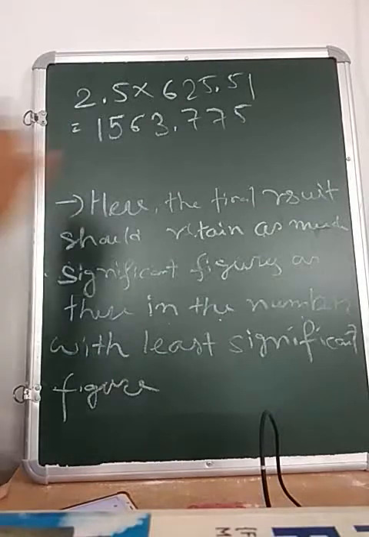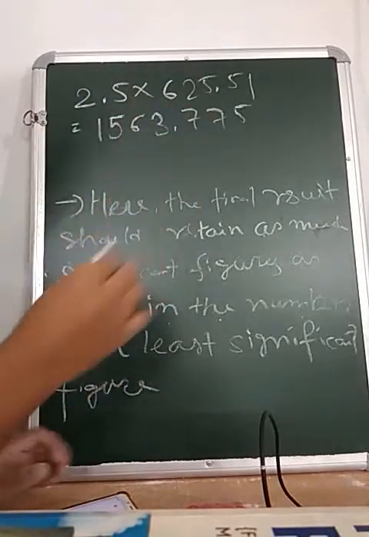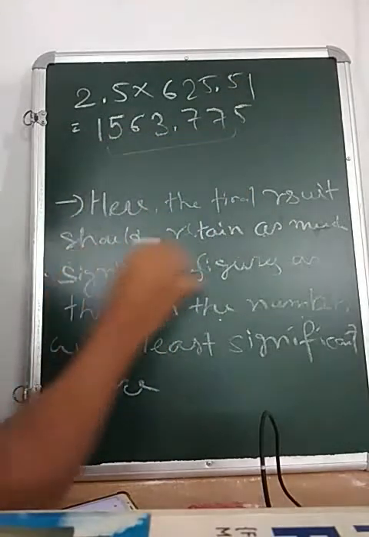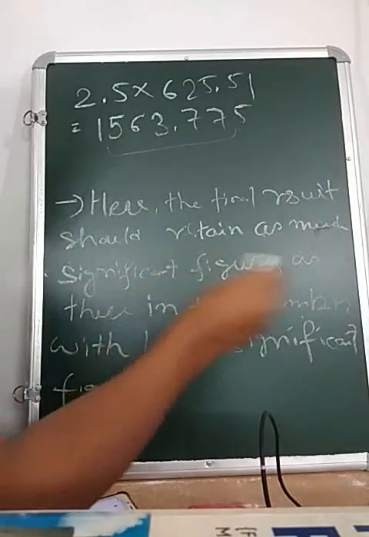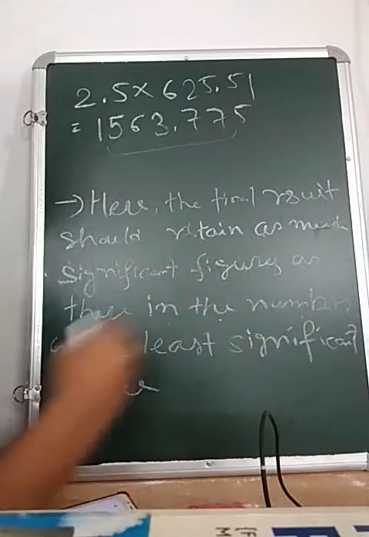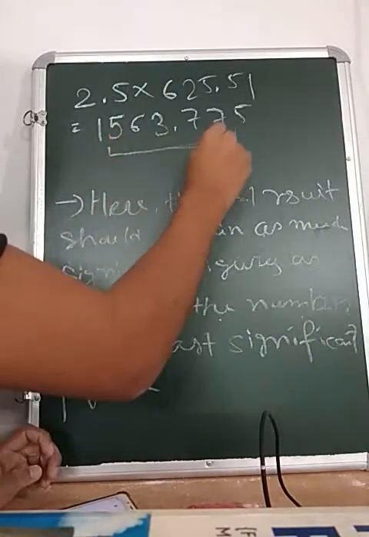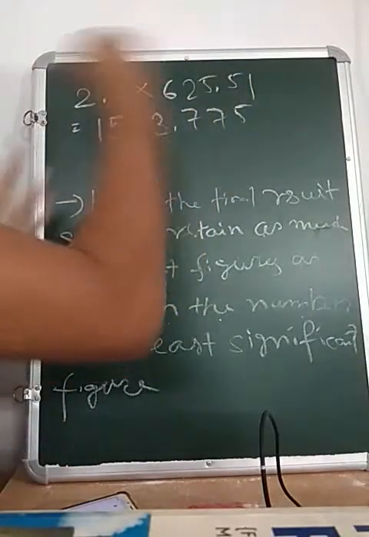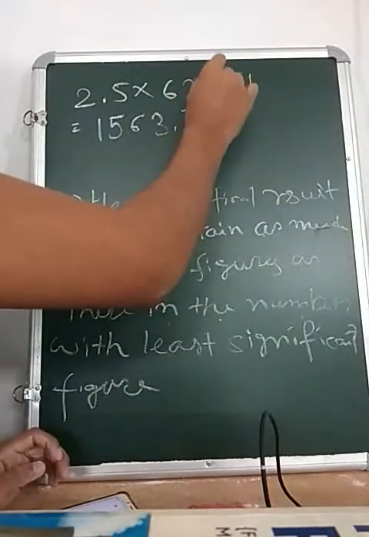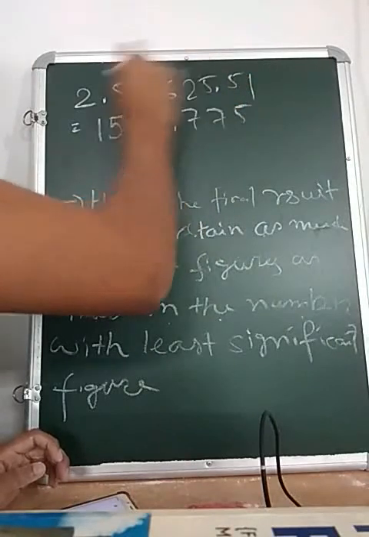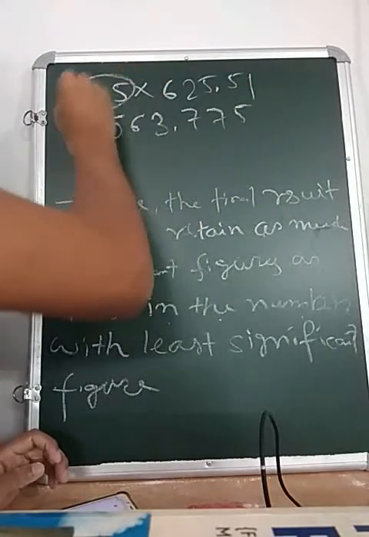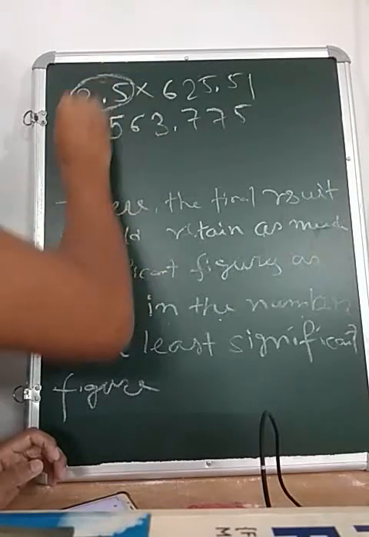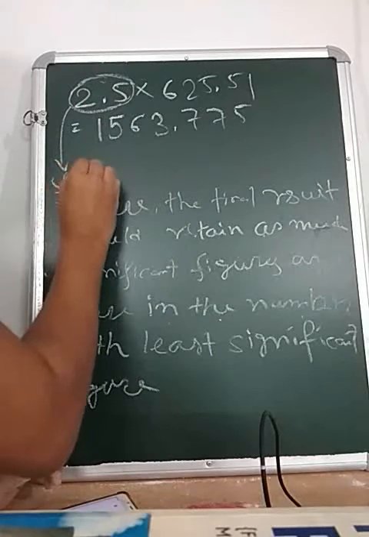So what result do we get? We get this. See, here the final result should retain as many significant figures as there are in the number with the least significant figures. So what is the least significant figure number? The number of significant figures in 2.5 is 2.